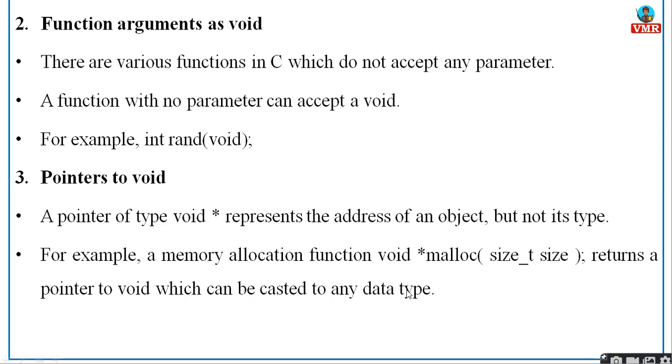That is, here you are trying to find out the memory allocated for some particular structure, especially these are used in your file concepts in order to know the memory, right? So at that time you will be using pointers to void. So this malloc is not going to return a specific type, right? Simply, that is the reason we are using pointers to void.